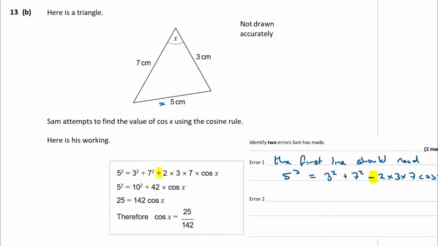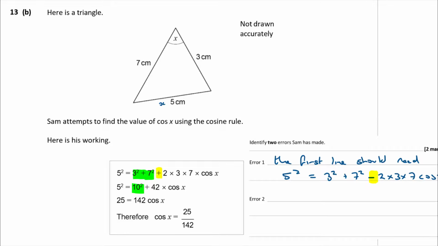And then what happens after that? Because we need another criticism. Then what does he go on to do? He goes on to square... Oh, he's gone on to say that 3 squared plus 7 squared is 10 squared, which is not correct as well, isn't it? Okay.